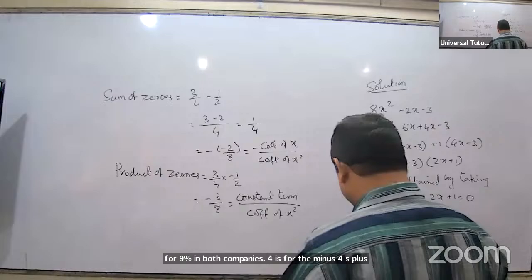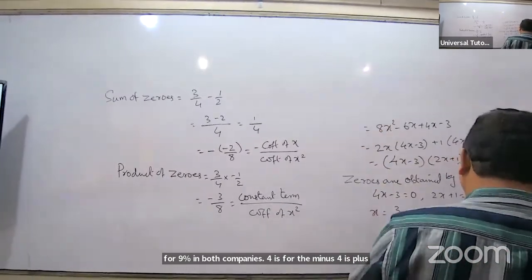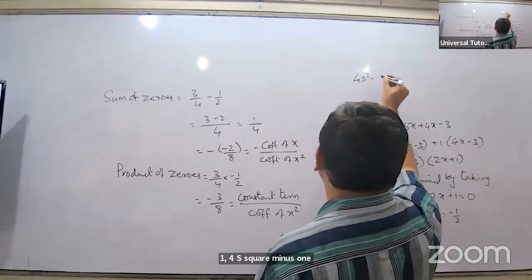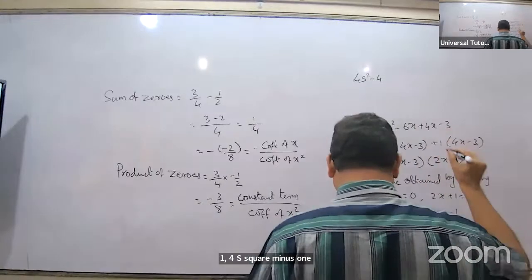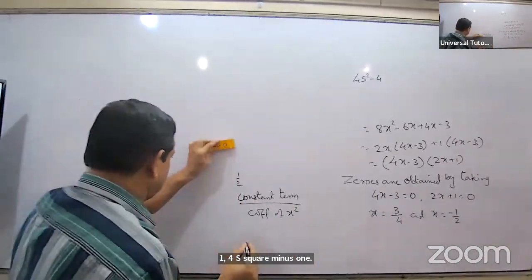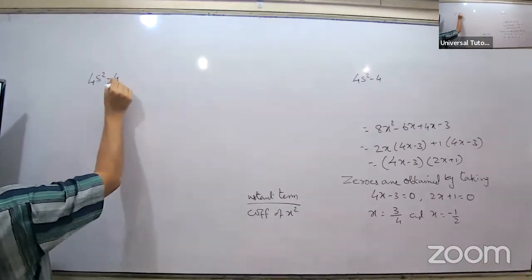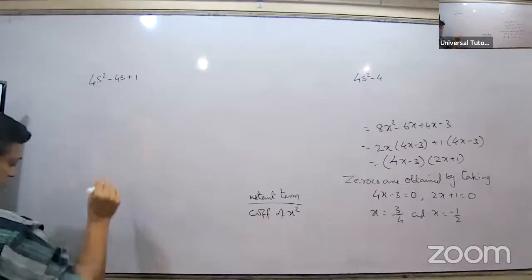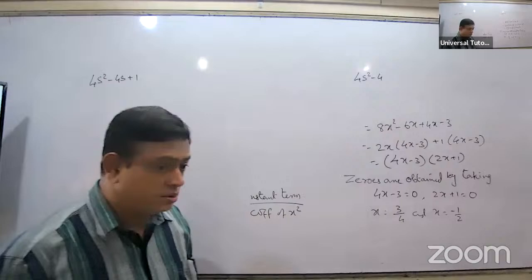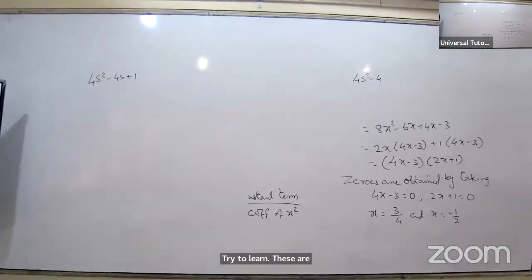Factorize 4s square minus 4s plus 1 with the middle term. Try to learn. These are simple factorizations. Big numbers also come.